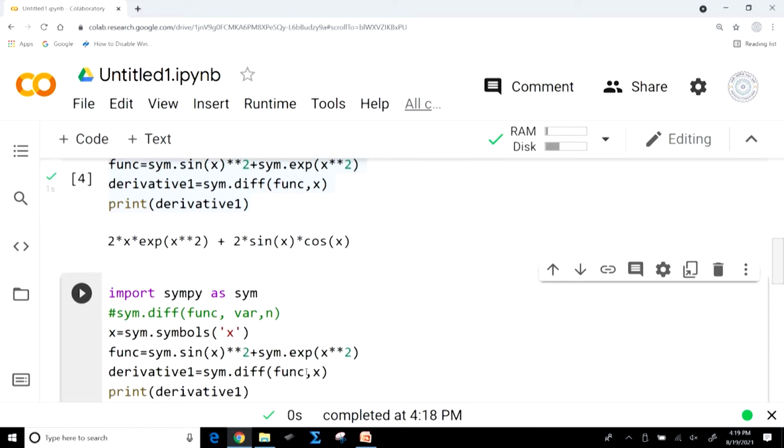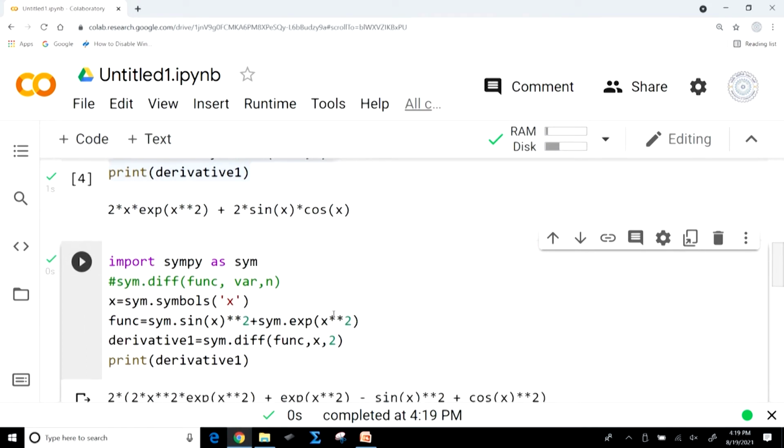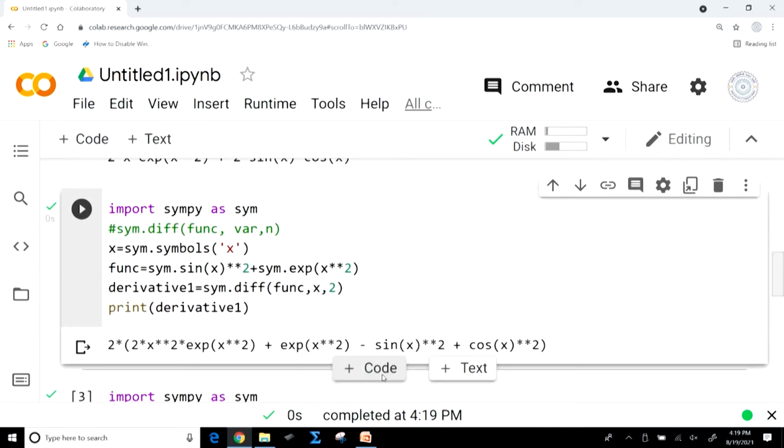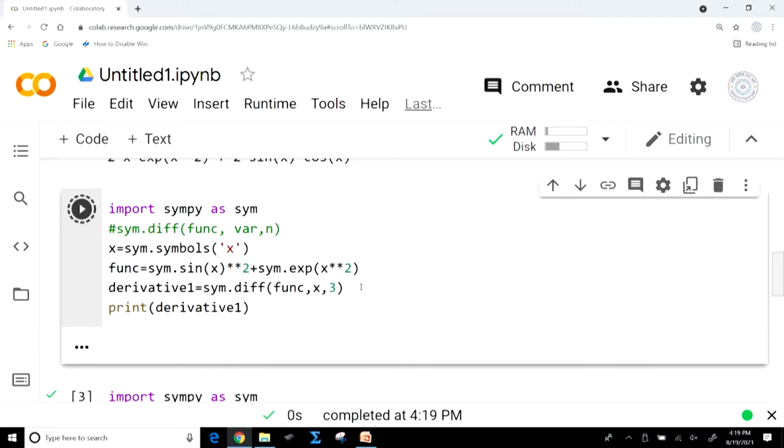Suppose you want to differentiate this function twice. You write 2 here and simply run it. So, this is the second derivative of this function with respect to x. Similarly, if you want to find the third derivative, you can write 3 here, and then the third derivative will be this function.